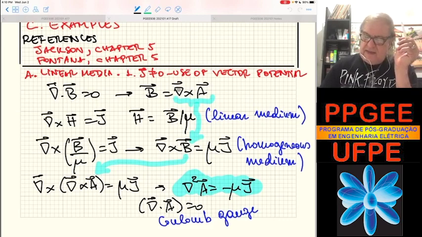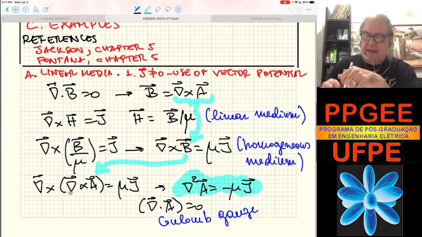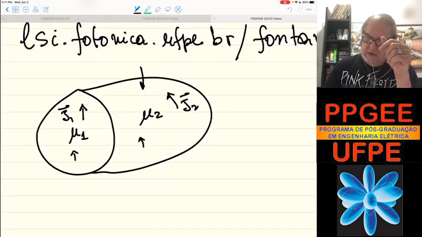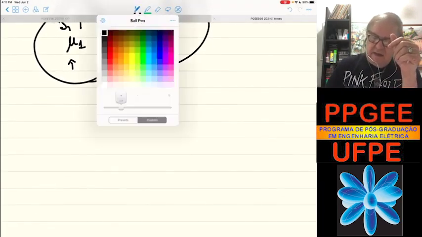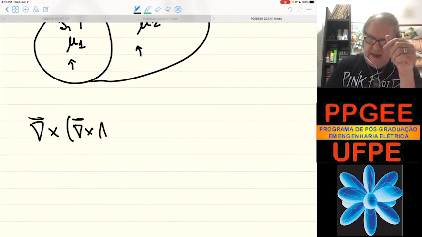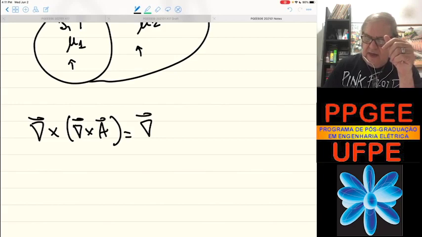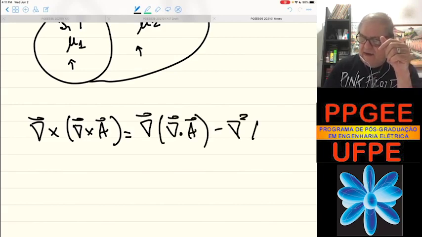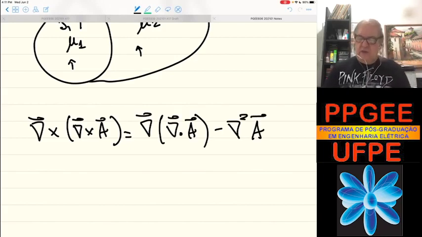So if I use now this condition here, the curl of A, so I insert into this equation, so I can have curl of curl of A equals mu J. And also, because we can expand this, just recall that the curl of curl of a vector, there's an identity, is gradient of divergence of A minus Laplacian of A. Okay, so that's the identity.